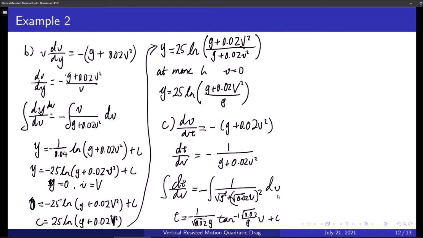Of course, I truncated a few steps, so if you want to, try to go from here to here yourselves.